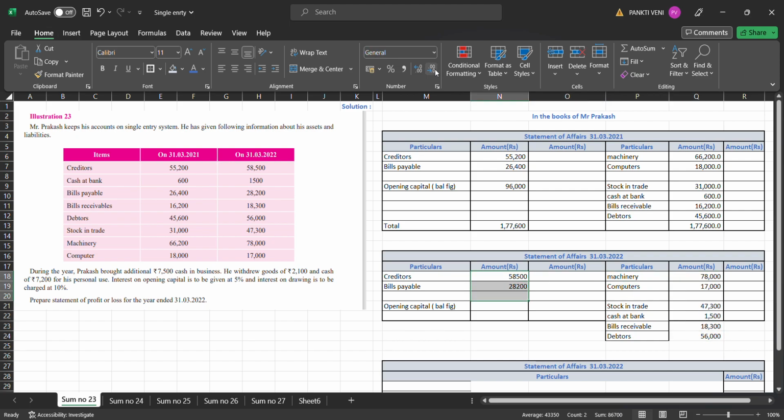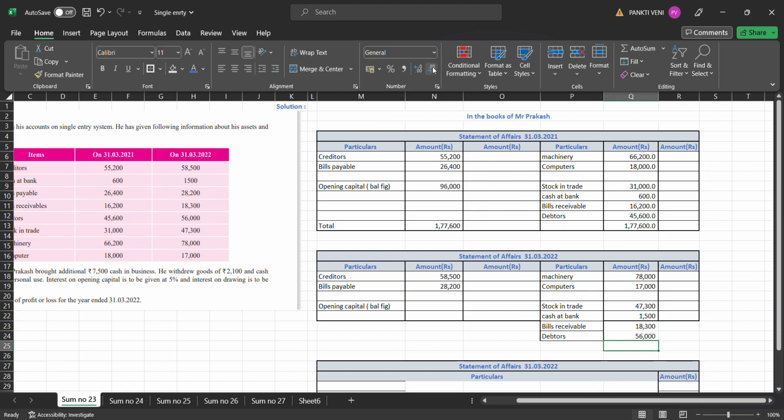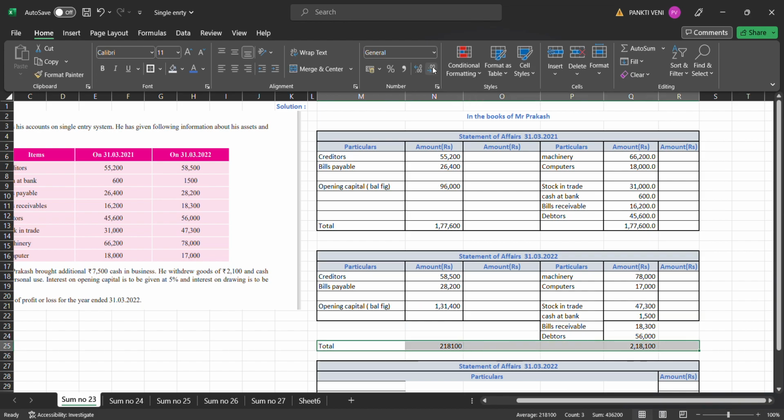I hope you are comfortable till here. So I got my closing capital also. Please complete till here.